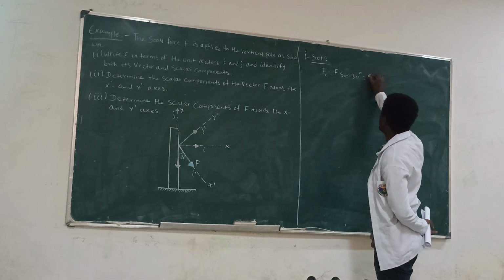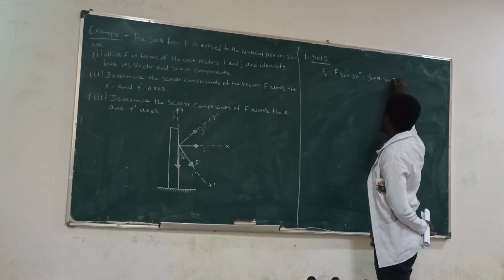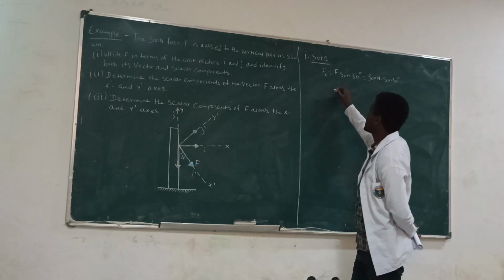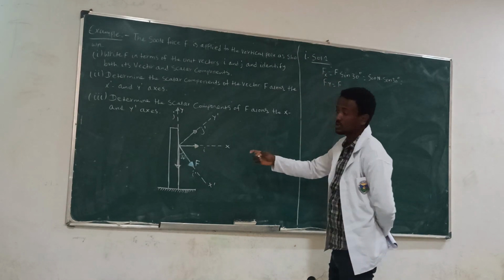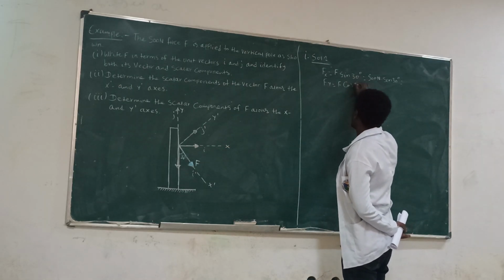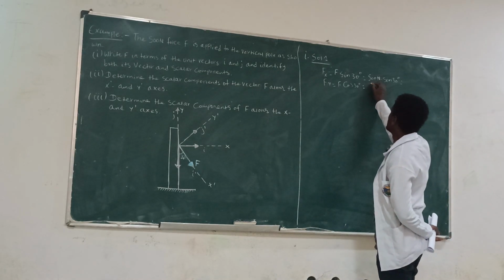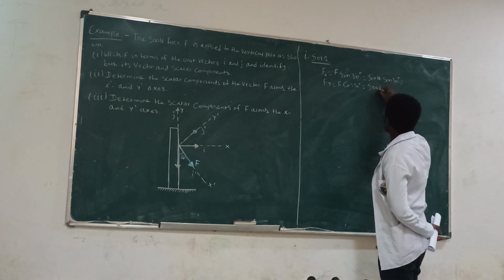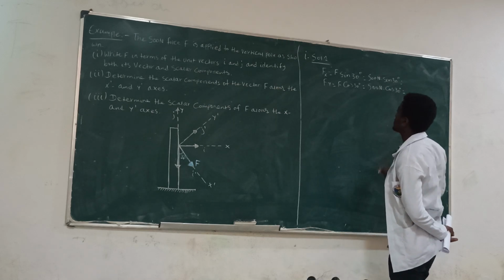F is 500 Newton times sine 30 degrees. Then Fy is F times cos 30 degrees, or sine 60 degrees, you can use either. 500 Newton times cos 30 degrees.